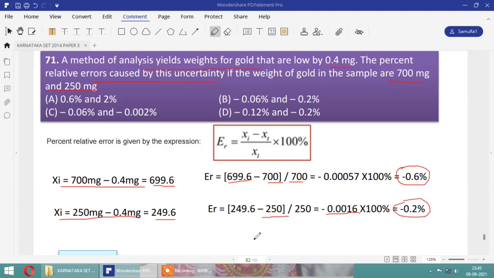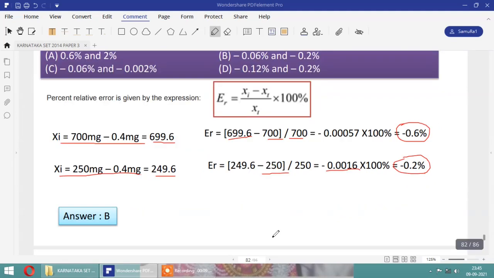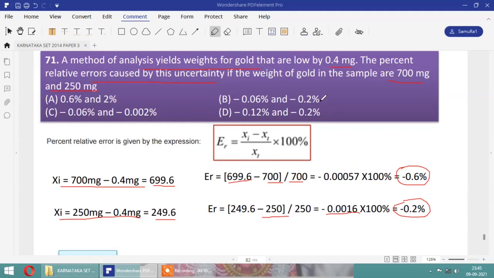Hence option B is correct. Here the value is negative. So here you see in A, the value is positive, so A is ruled out. Whereas C is also ruled out due to a decimal factor. And D is also ruled out. And B is the correct option.